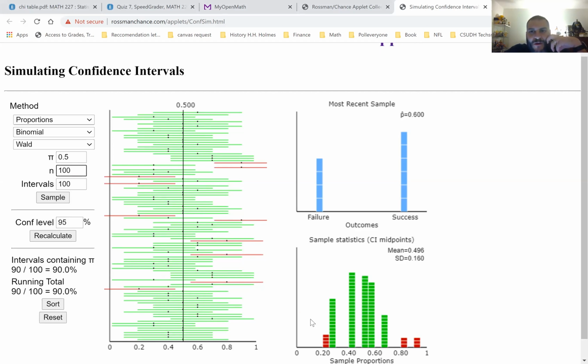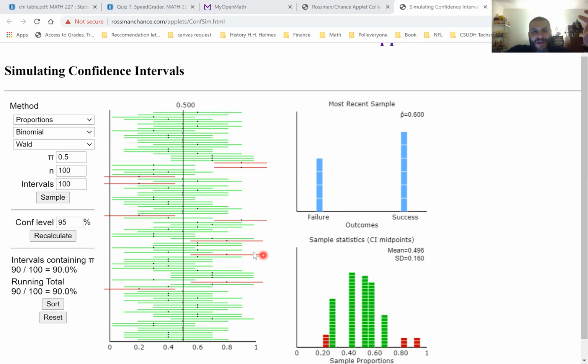So which one would you trust more, a sample size of 10 or a sample size of 100? Would you trust somebody who flipped a coin 10 times or somebody who flipped a coin 100 times? You'll probably trust the person who flipped a coin 100 times, because they have more data. So whose data set will be more accurate, the one with 10 or the one with 100?